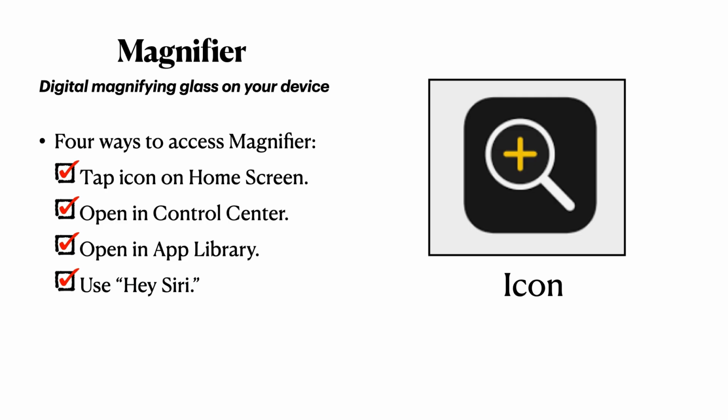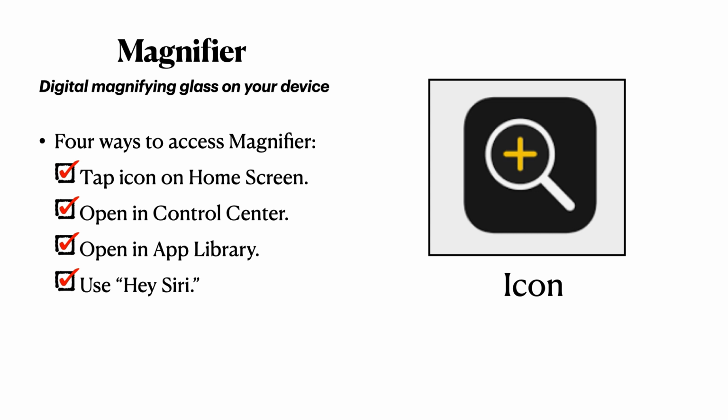So there are 4 ways you can access this magnifying glass. You're going to be looking for the icon. You see a picture of it there on the right, the black square with a magnifying glass and a yellow X in the middle. And the 4 ways, well, first of all, you will find it on your home screen.